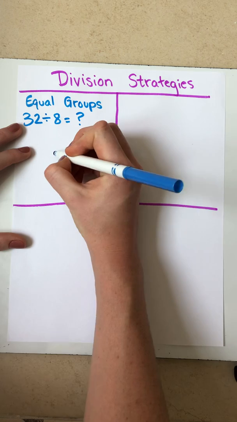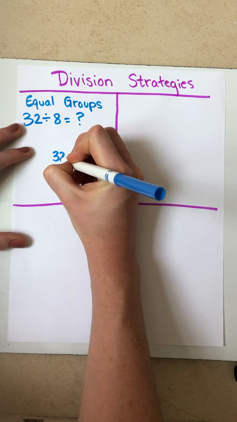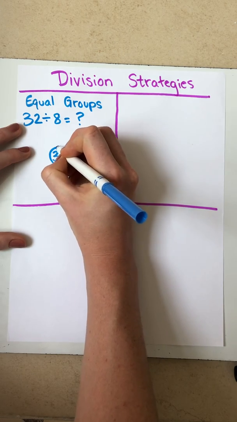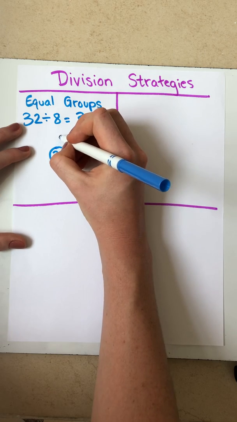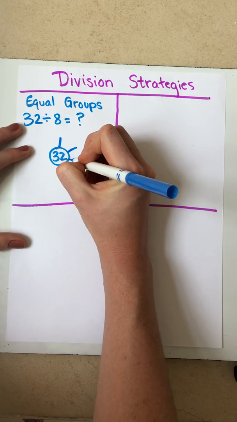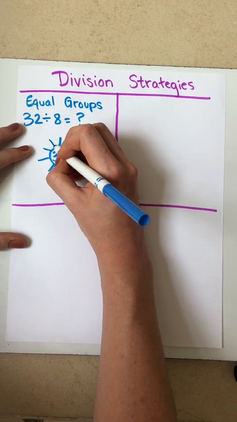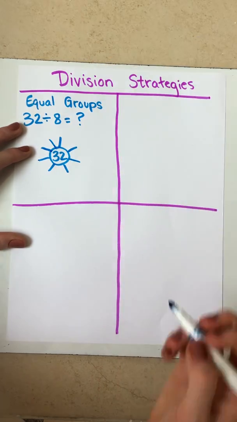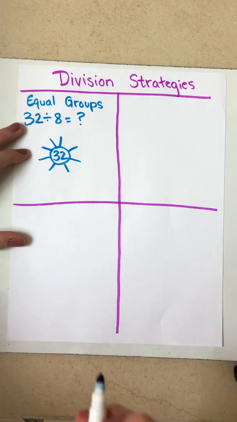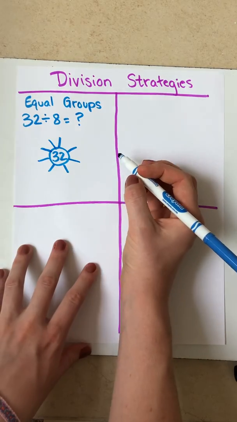So we're going to do 32, and we know that we're making 8 equal groups, so 1, 2, 3, 4, 5, 6, 7, 8. So we have 8 groups, and then we're going to start dividing 32 up with these 8 groups.